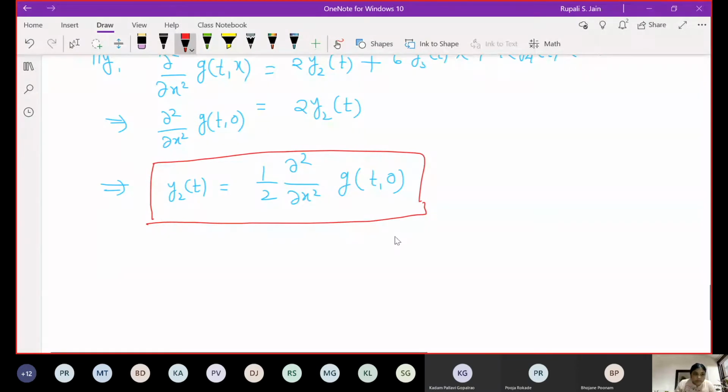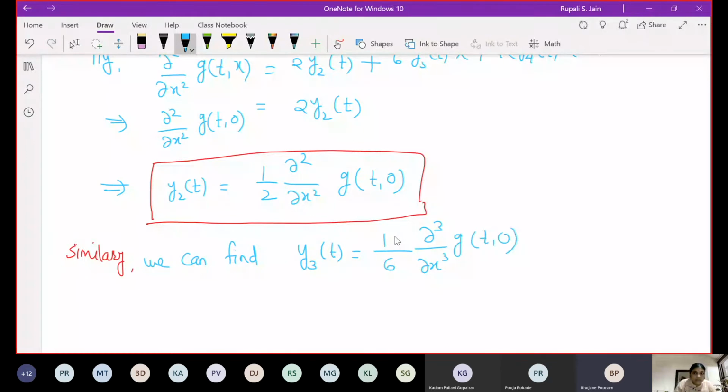Similarly, we can find y₃(t) as 1 upon 6 times ∂³g/∂x³ at (t, 0). This I can write as 1 by 3 factorial.